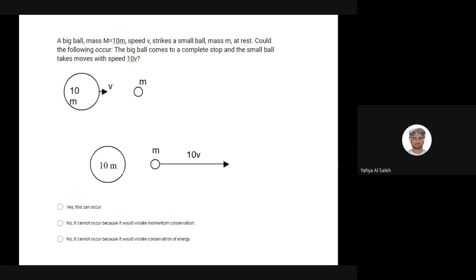A big ball, mass equals 10 masses, 10m, strikes a small ball, mass m, at rest. Could the following occur? The big ball comes to a complete stop, and the small ball moves with speed 10v.